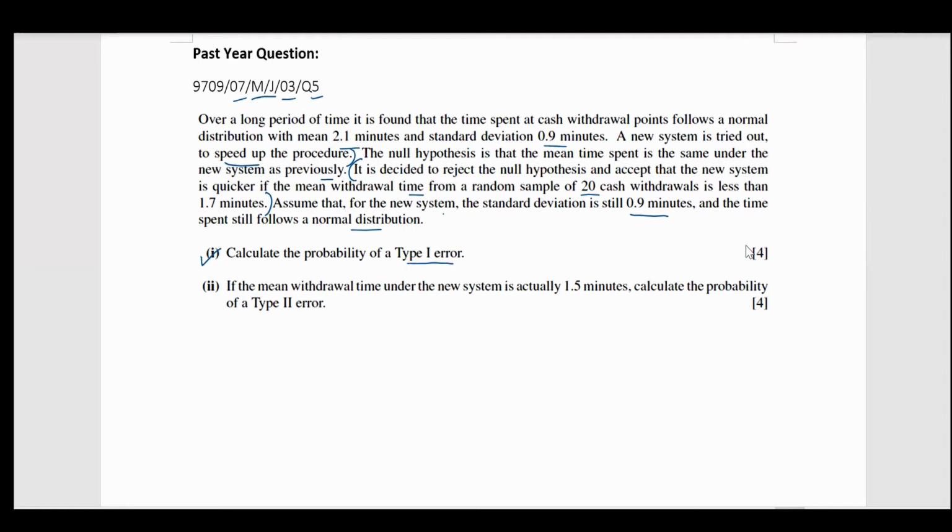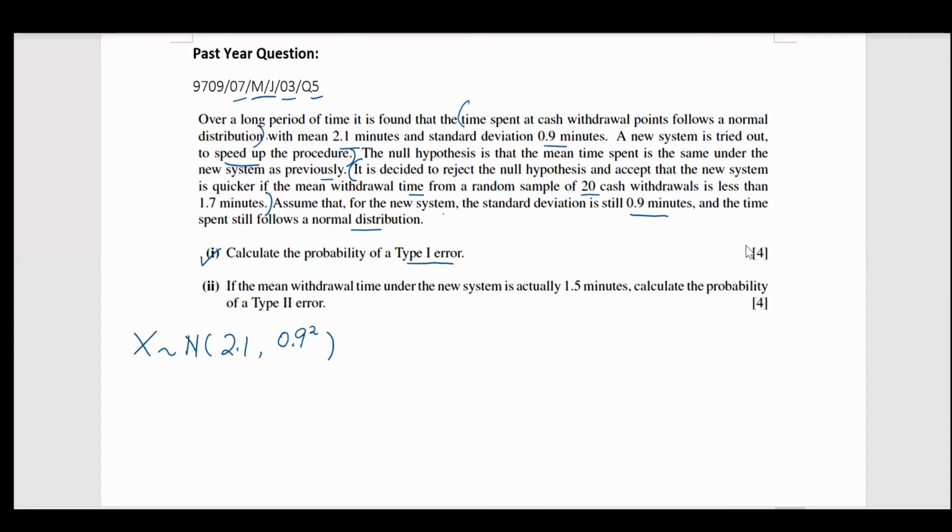First, let us try to understand the question. We are talking about the time spent at a cash withdrawal point. It follows a normal distribution where the mean is 2.1 and the standard deviation is 0.9, so the variance is 0.9 squared.